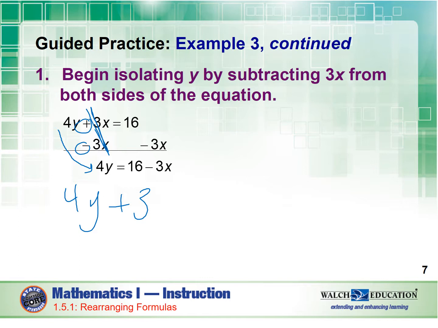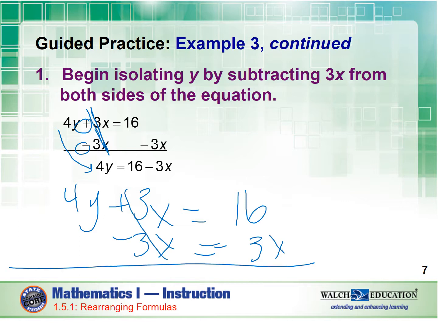You guys are so patient. Thank you. Subtract 3x equals subtract 3x. Then these cancel. You're left with 4y equals negative 3x plus 16 is how I would write it.